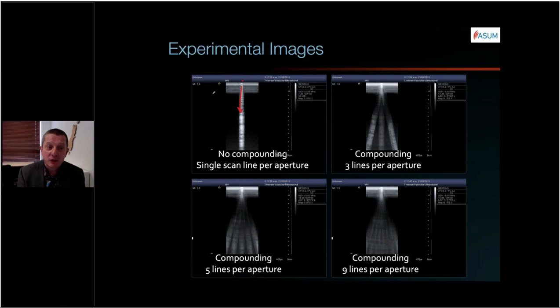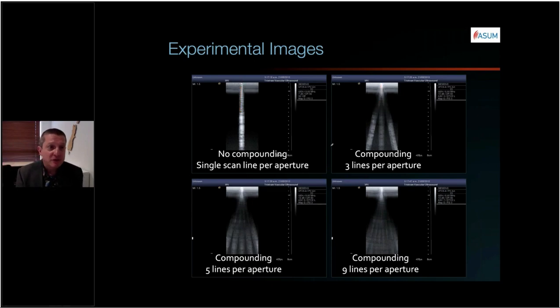This image is conventional and there's no compounding involved. The minute you turn spatial compounding on, you then start to see reverberation artifact in multiple directions, representing the beam steering of that particular aperture within which that metal pin is resonating.